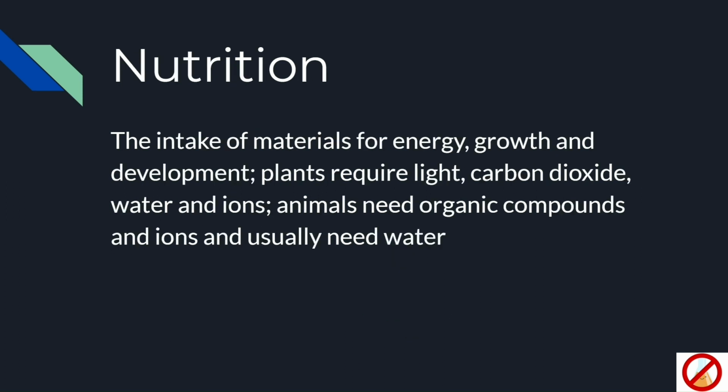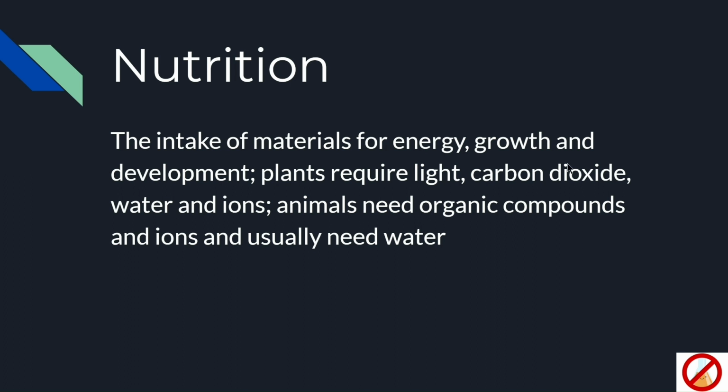Finally, we've got nutrition, and this is basically another meaning for eating. If we take a look at the definition, it says the intake of materials for energy, growth and development. Plants require light, carbon dioxide, water, and ions. Animals need organic compounds and ions and usually need water. So this basically means the physical ability to obtain food and to digest it, to obtain energy or nutrition from it.